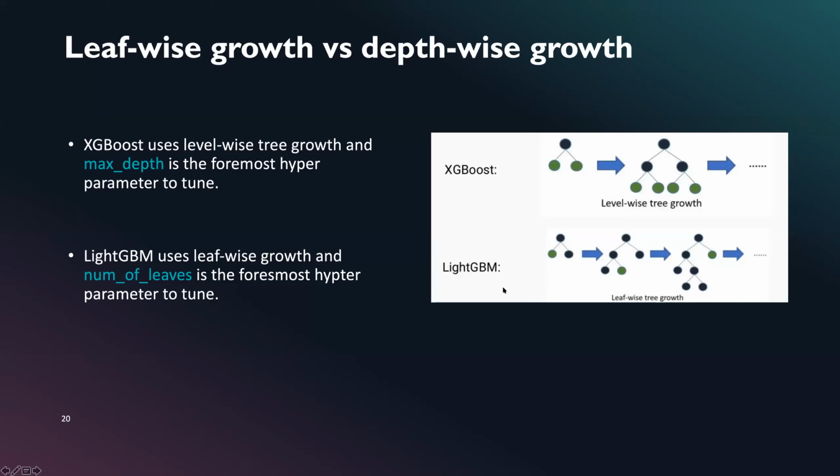Here are a few differences between LightGBM and XGBoost. First of all, XGBoost and the other GBDT algorithms use a sort of level-wise tree growth. What does that mean? Every time, it tries to make a split level by level, and it iterates the process until you find the best splitting.